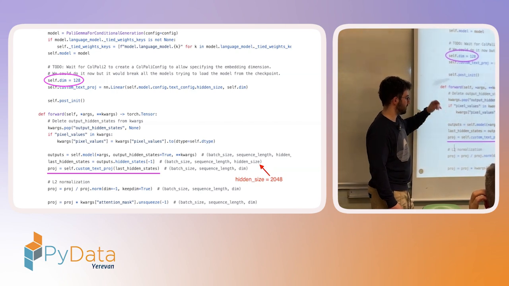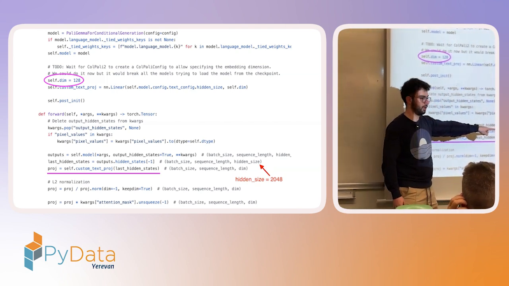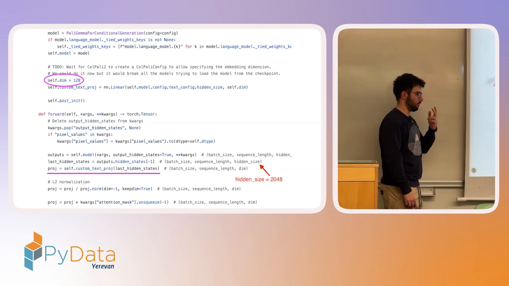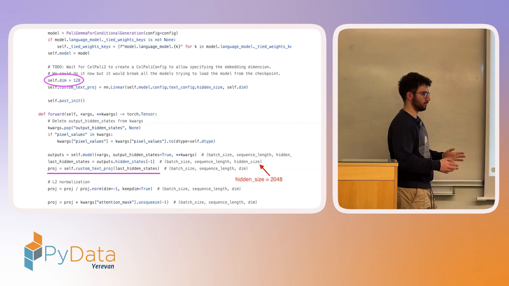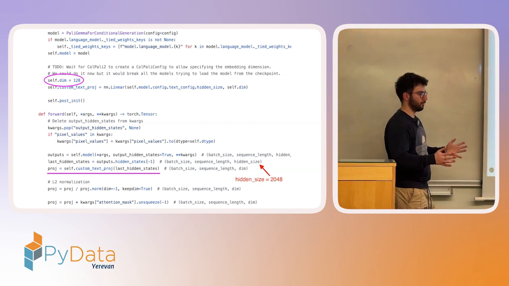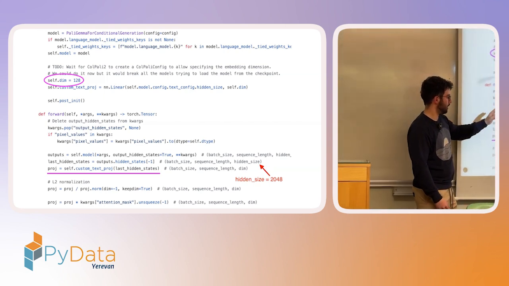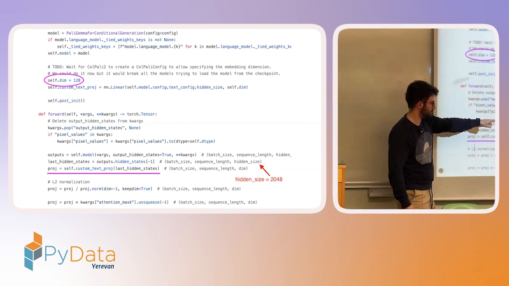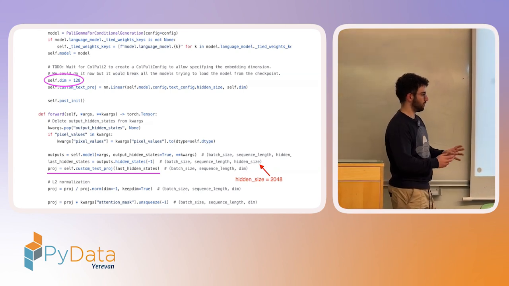For the last hidden state, the hidden size is 2048. For some models, it can be 4000 or something higher. And this is a really long embedding for us to store, taking into account that we are also storing as many embeddings as the sequence length. It will be a huge overhead for our vector DB.